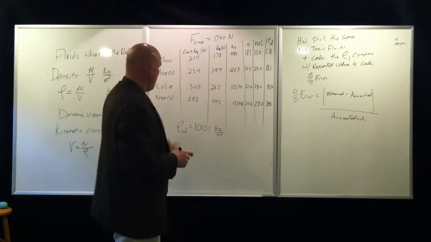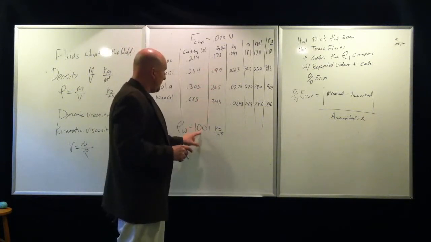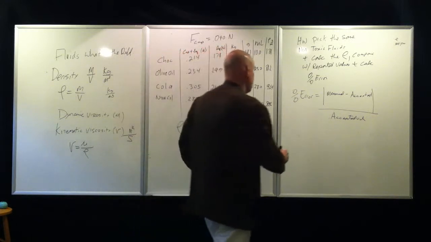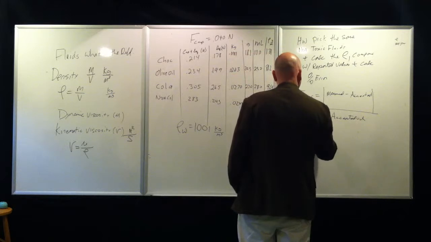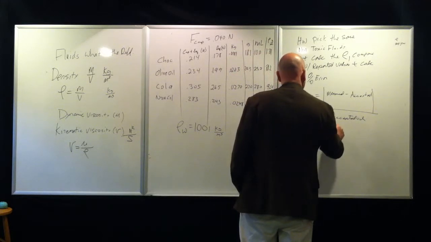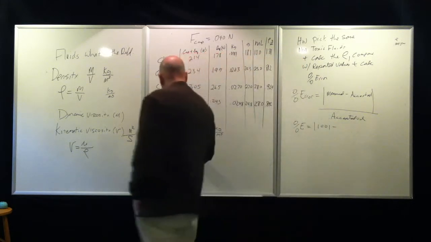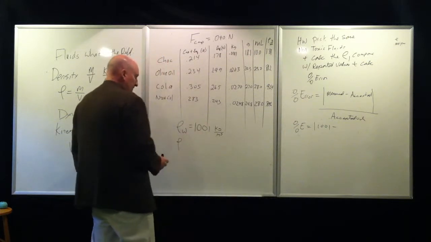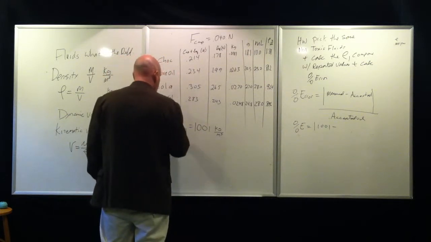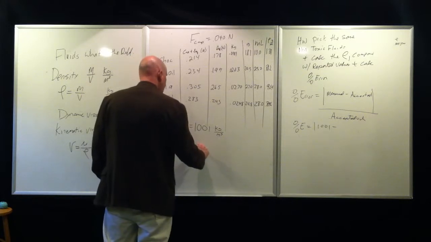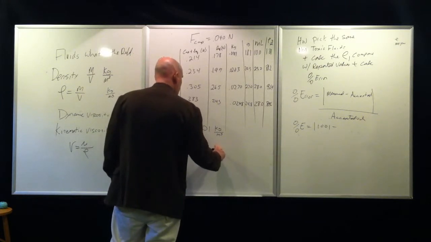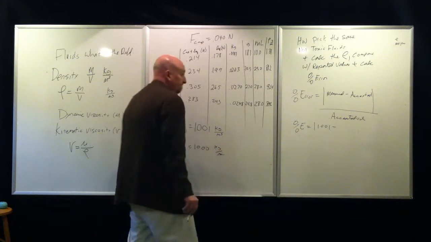That's going to be, when I weighed everything out, divided it by the volume, I would get a measured value of 1001. Find in any type of source that the density of water, this is going to be measured. The accepted is going to be 1000 kilograms per meter cubed.